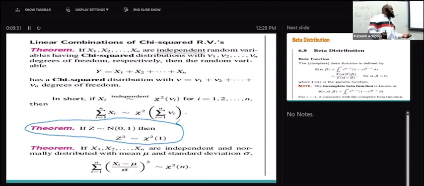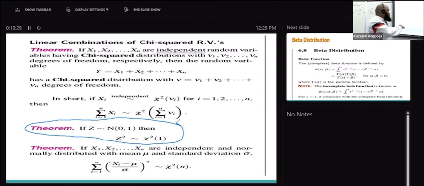But what of the situation where I want to talk about the combination of that? Take a look at this. If I have y equals z1 squared plus z2 squared, and zi follows normal 0, 1, this is still going to be a chi-squared, but it will follow chi-squared with degree of freedom 2, because 1, 2.